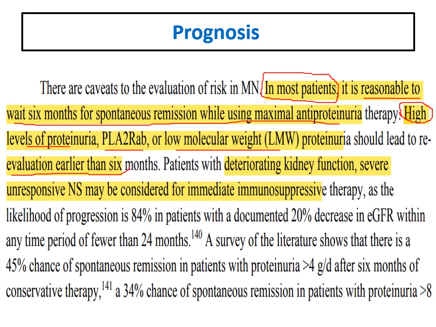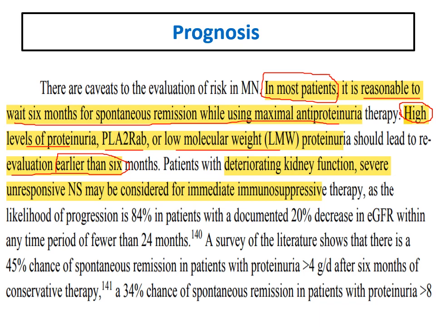These are high risk criteria for progressive kidney damage. We shouldn't wait for the whole 6 months. We can re-evaluate before 6 months.